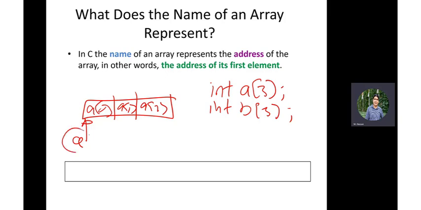So if I want really to get A, which we'll try right now, you will find that A really is a pointer. It has a value of an address. So why can you not assign an address to another address? Because now you are modifying the memory, which is not allowed, right? So what does the array name represent, which is the question in this slide? It represents the address of the first element of the array, right? And later on, we will see how we can define arrays using pointers, because it's simply an address. Good.